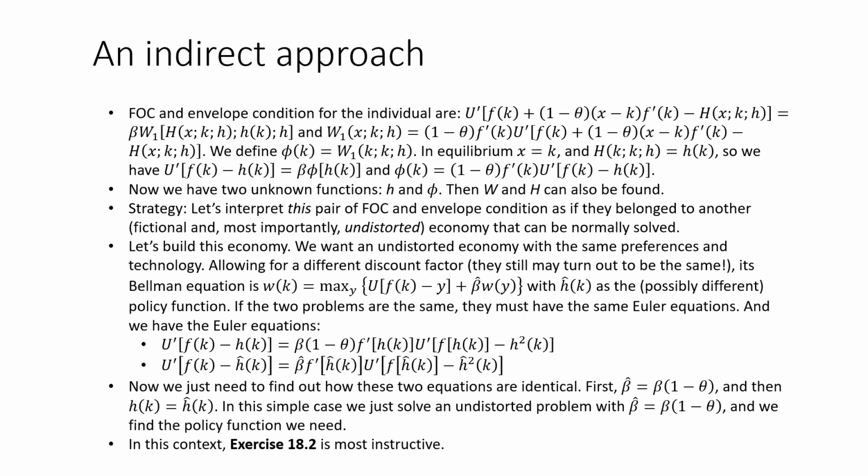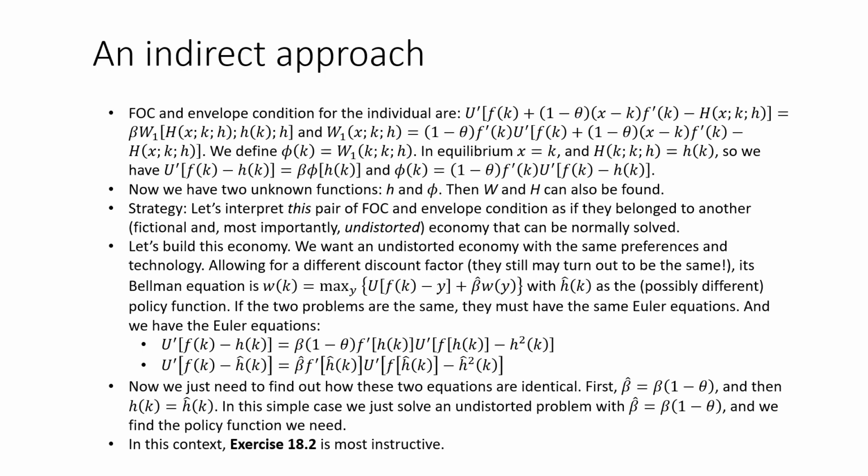First, in the undistorted problem, we need to use another discount factor. And if we identify the two discount factors, then the only difference is in terms of the two policy functions.